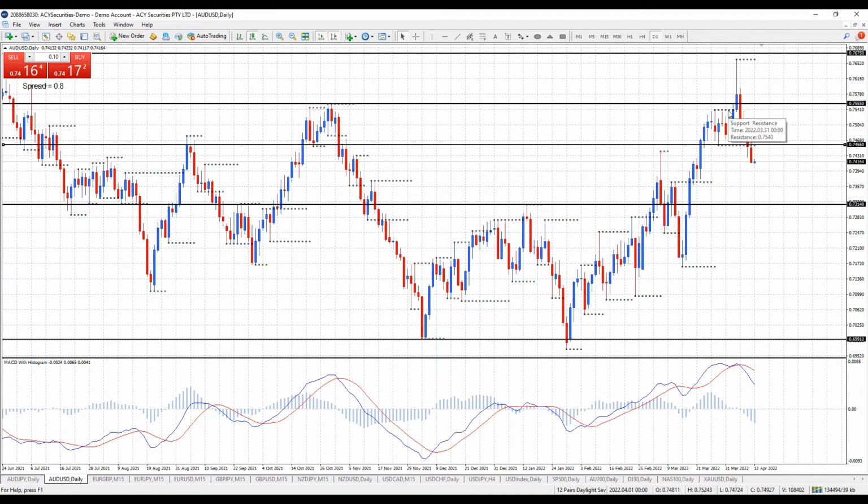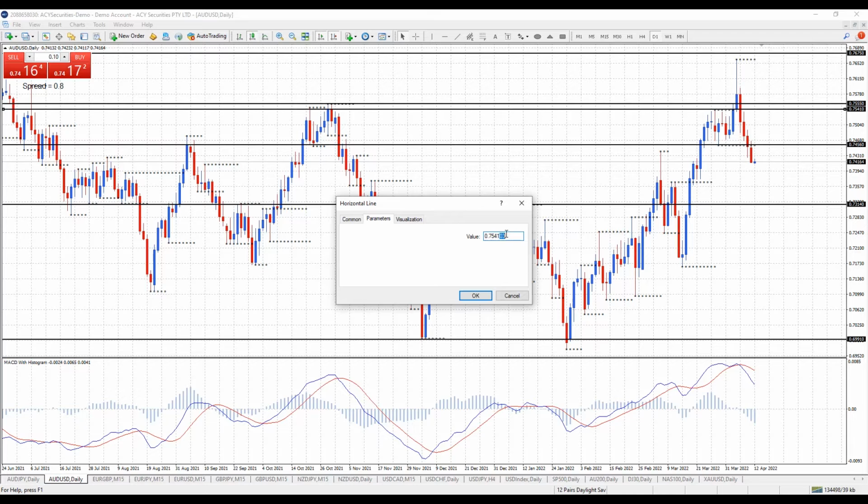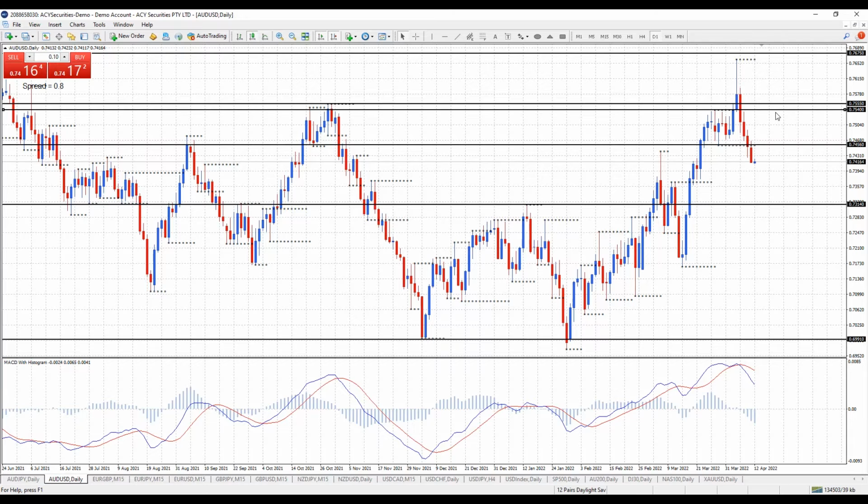If we move further up, there's another level here at 75.40. I'm just going to disregard this high here. Support's down here, 73.67.